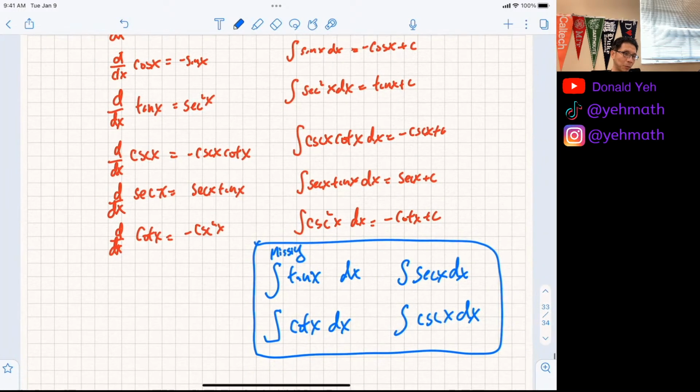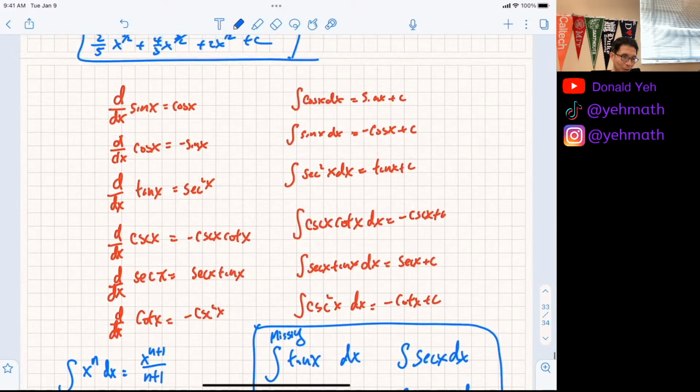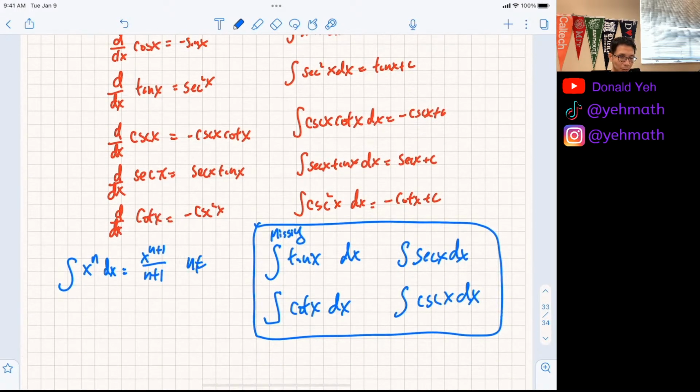Also, yesterday, when we said integration of x to the n dx is equal to x to the n plus 1 over n plus 1, this formula will not work for one specific number. Which number would it be? -1. So n cannot equal -1.